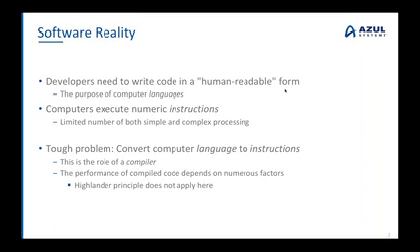The reality, though, is that, as I've said here, the Highlander principle does not apply. That means there isn't a single answer. There is no one leader to rule them all. That's the Highlander principle. So we can have lots of different ways of approaching compilation, and we need to figure out what is the best way of doing that in order to get the results that we want.